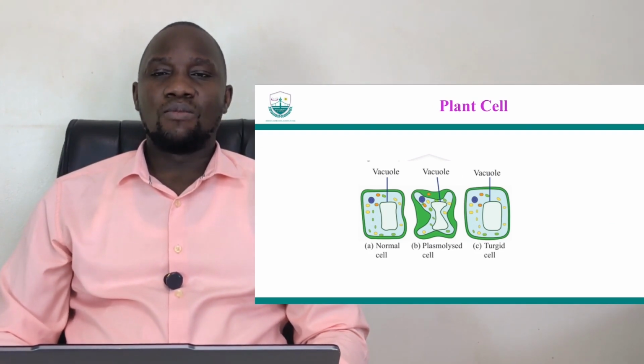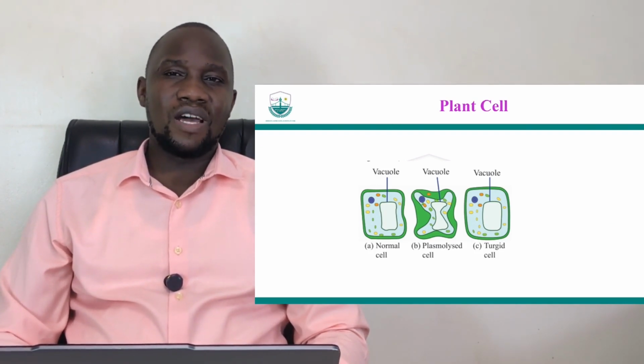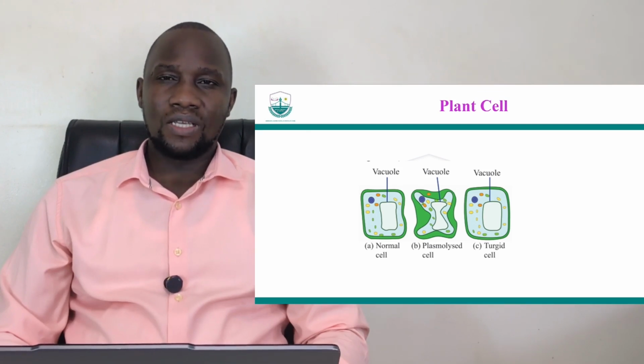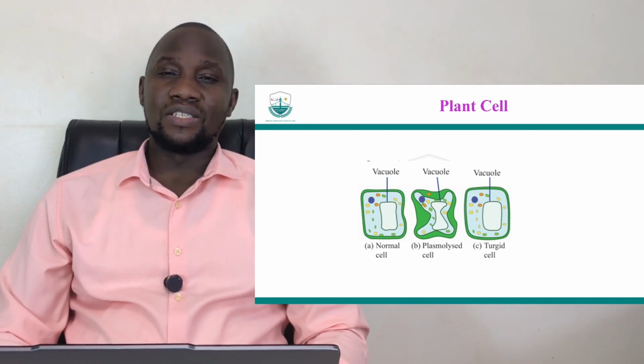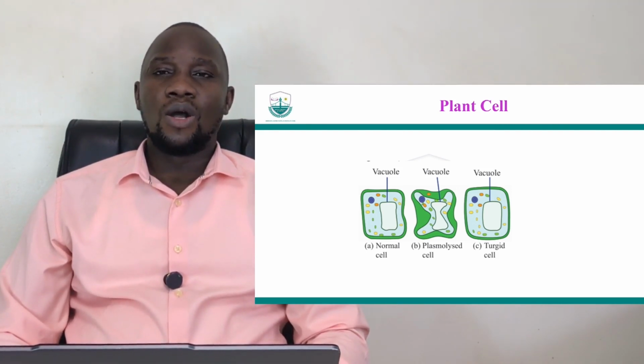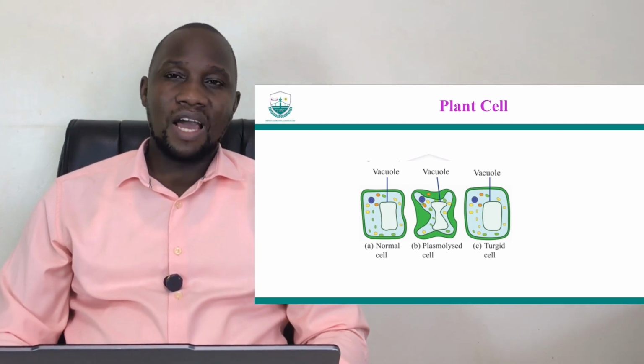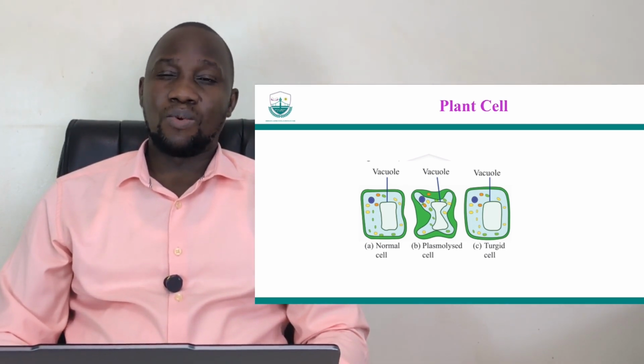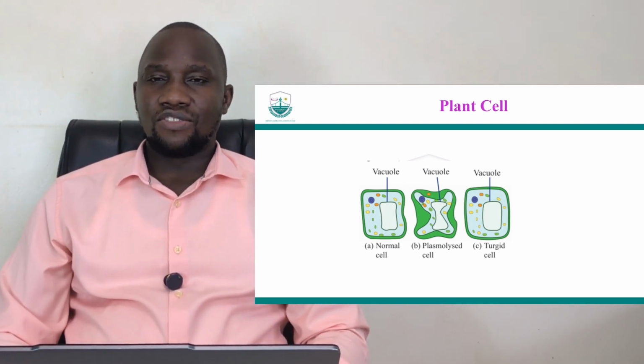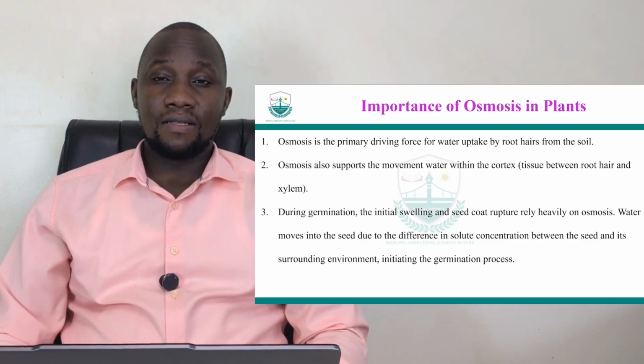In a normal cell where you don't have net movement of particles, that is in isotonic solution, you have that normal cell with its normal shape. In a hypertonic solution, you will have the water moving from the cell into the hypertonic solution, so you have plasmolysis. And like we have always been saying, when you have turgid cells, it means that they are going to maintain their shape.